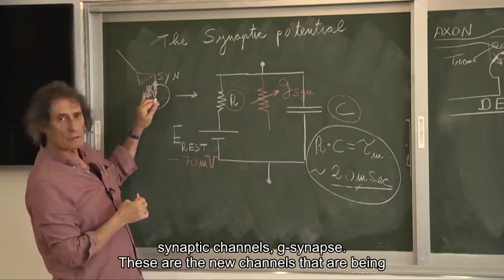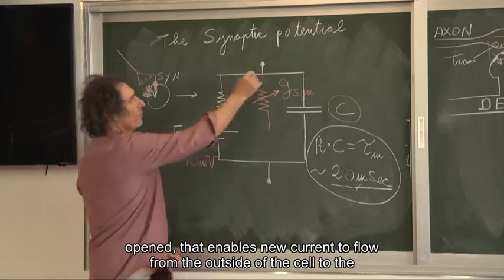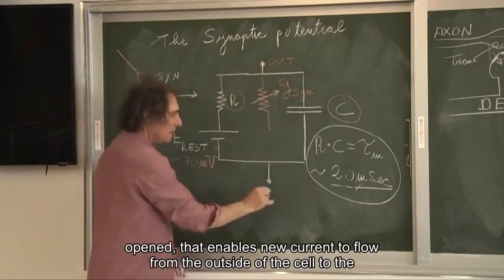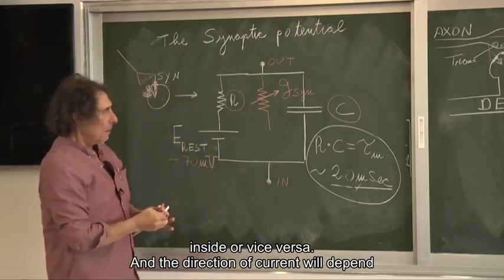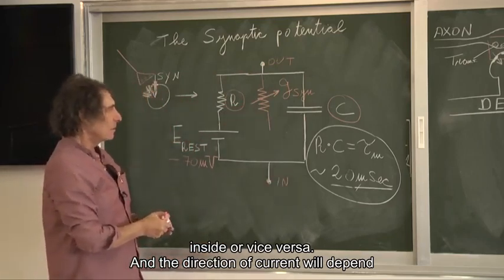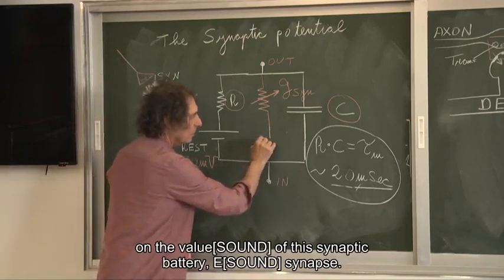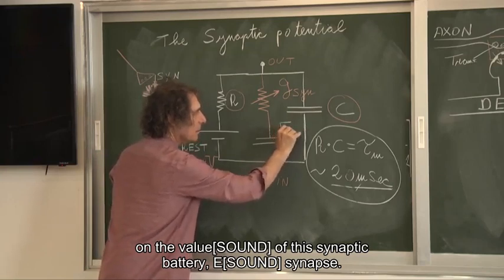These are the new channels that are being opened that enable new current to flow from the outside of the cell to the inside, or vice versa. And the direction of current will depend on the value of the synaptic battery, E synapse.